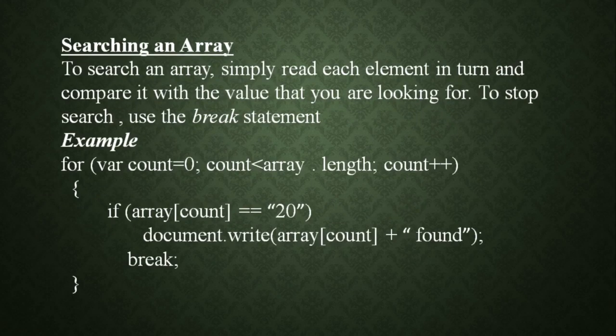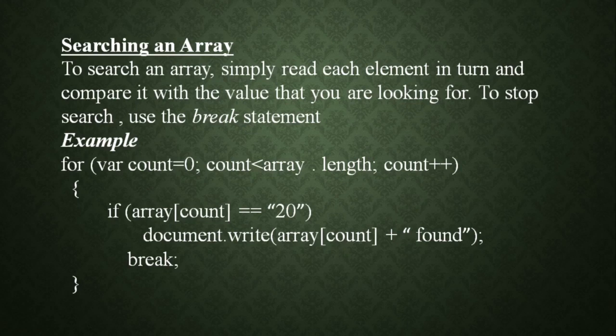Searching an array. To search an array, simply read the elements in turn and compare each with the value that you are looking for. To stop the search, use the break statement.